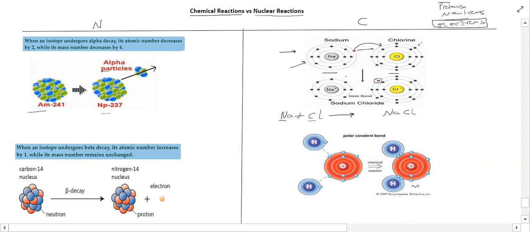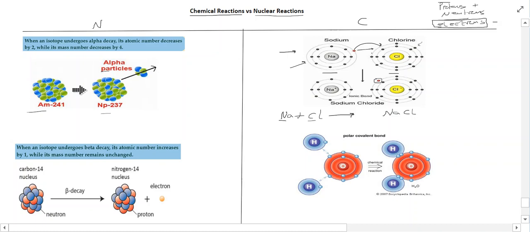Because sodium has given up one of its electrons, there's more positive charge now in the atom than negative charge. Remember, protons carry a positive charge, neutrons don't carry any charge, and electrons carry a negative charge. Because there's more positive charge in the sodium that's given up the electron, it becomes a positively charged ion.